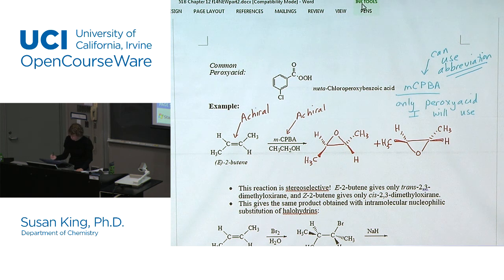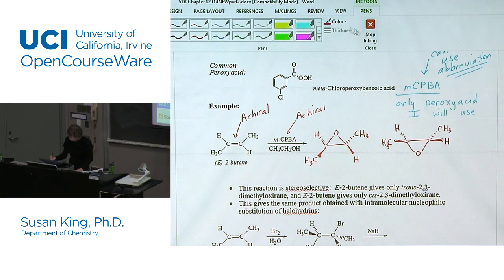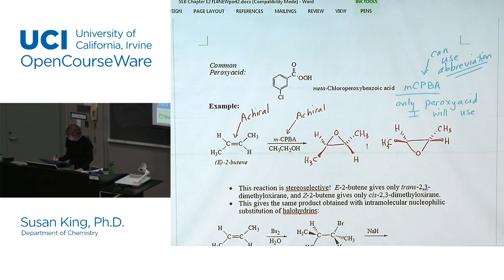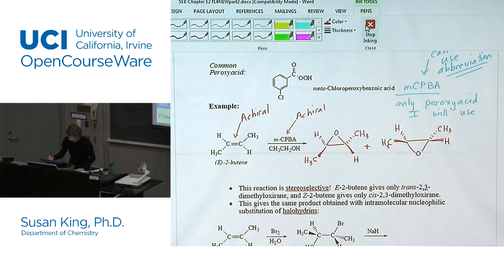So it looks like that. Let me move this plus sign over. Those are the two products, so a pair of enantiomers.